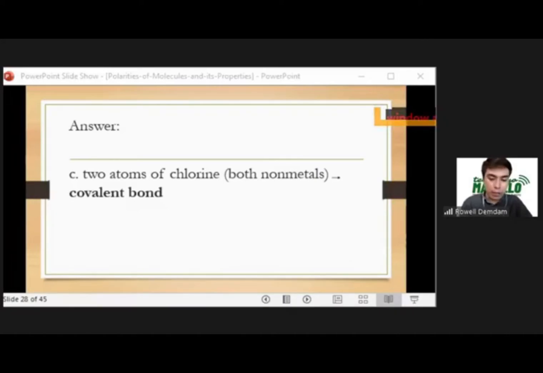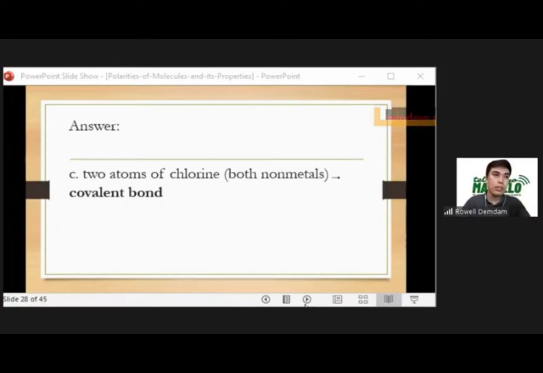Okay, very good, Charles Brian Banigan. So 3 minus 3 is equal to 0, and any number subtracted from itself will give us a 0 value. So the electronegativity difference of two atoms of chlorine is 0, and there is no more electronegative atom because they have the same electronegativity. The type of chemical bond in here is definitely nonpolar covalent. Okay, so enough for that exercise.